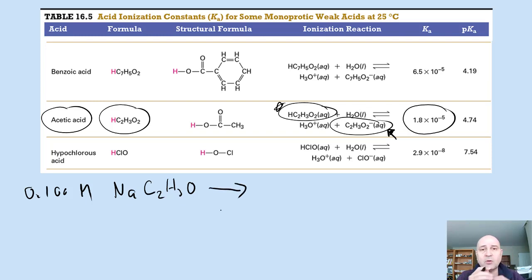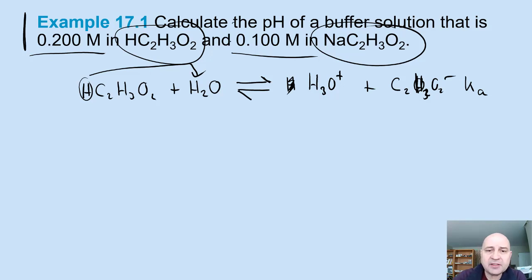Every single one of those ionic compounds is going to break apart into sodium ions and acetate ions. Okay? So if I write here that I have a 0.1 molar solution of sodium acetate, that means I have 0.1 moles of acetate in 1 liter of solution. Every single one of those. But if I have a 0.2 molar solution of acetic acid, I don't know, because I don't know how much of that breaks apart into ions.